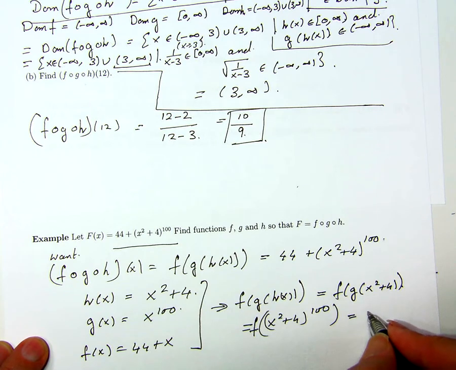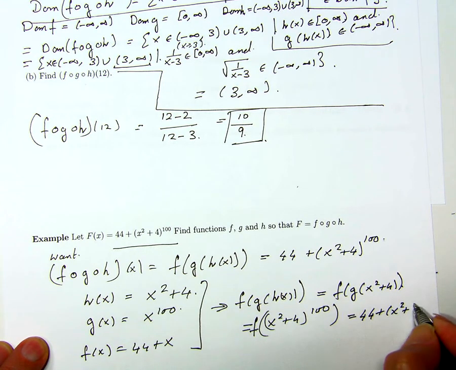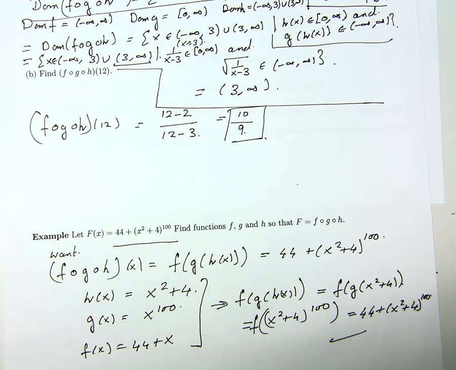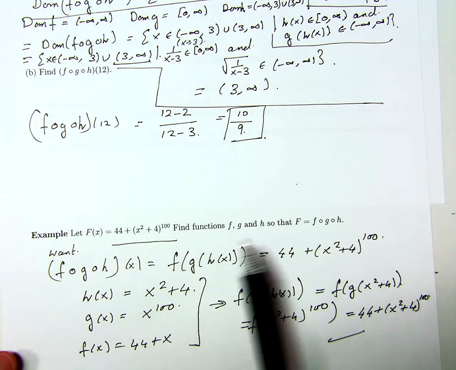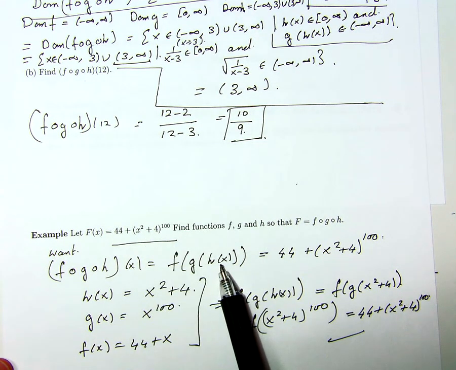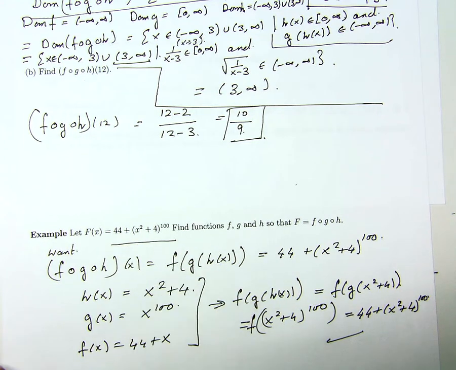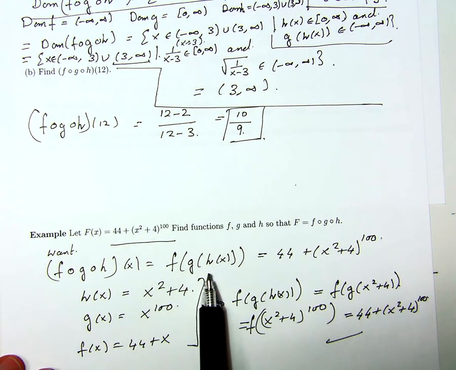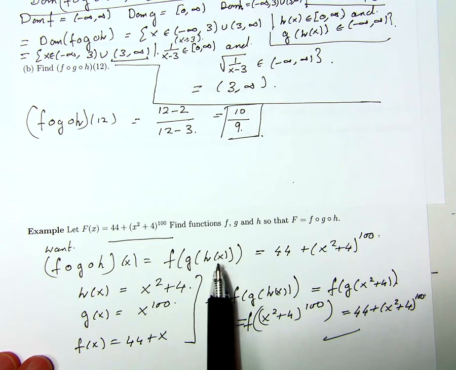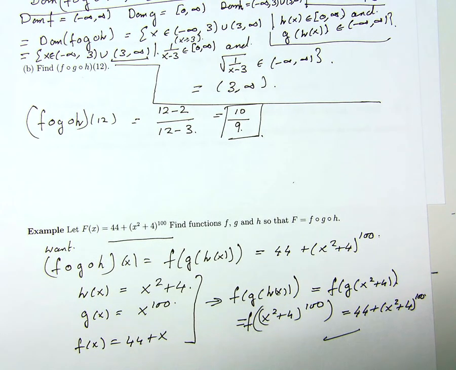So f of that's 44 plus x squared plus 4 to the 100. So that is indeed the correct composition of functions. So I've broken this expression down into a composition of functions. And doing this is very important when we get to the chain rule in calculus.